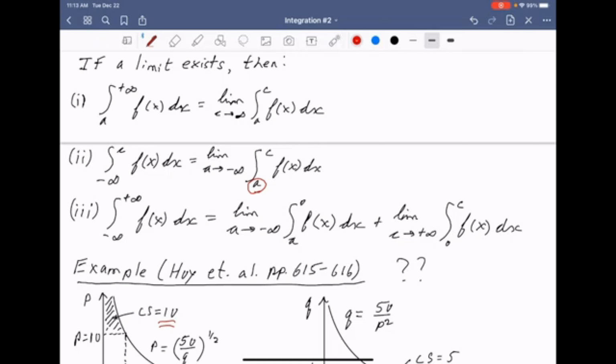You can think of a Gaussian function, so your standard normal distribution looks like that. And now what we do is we break it into an interval from negative infinity to 0, with a approaching negative infinity of the function f of x, and then we have the second component, which is the limit as c approaches infinity, and here we take the integral from 0 to c.